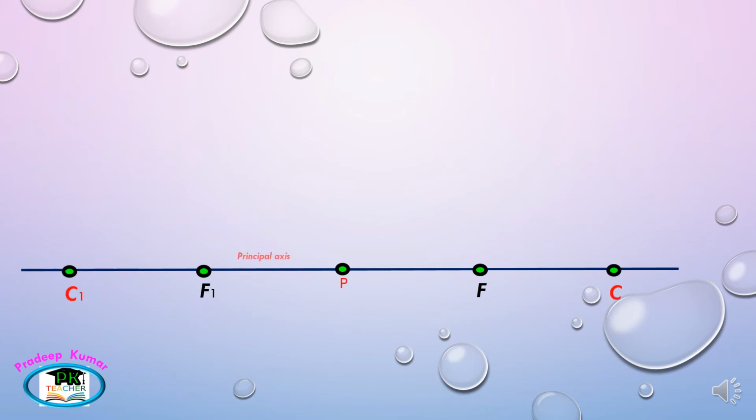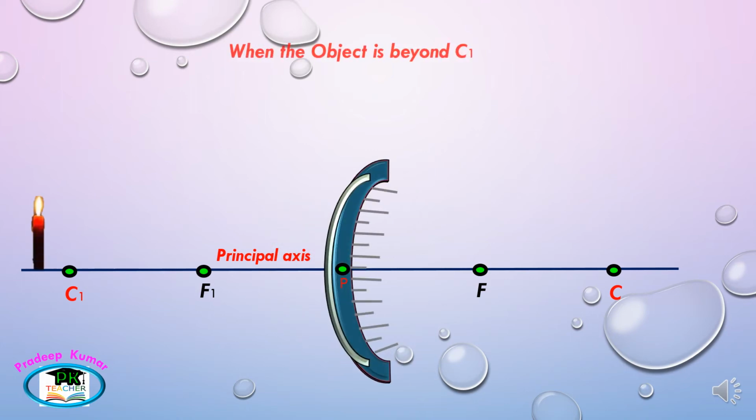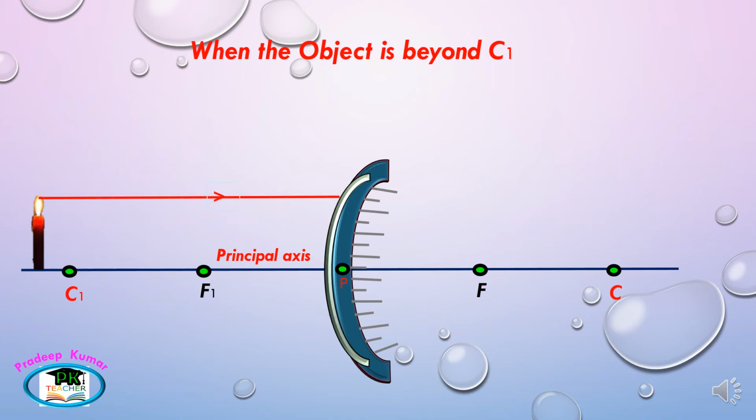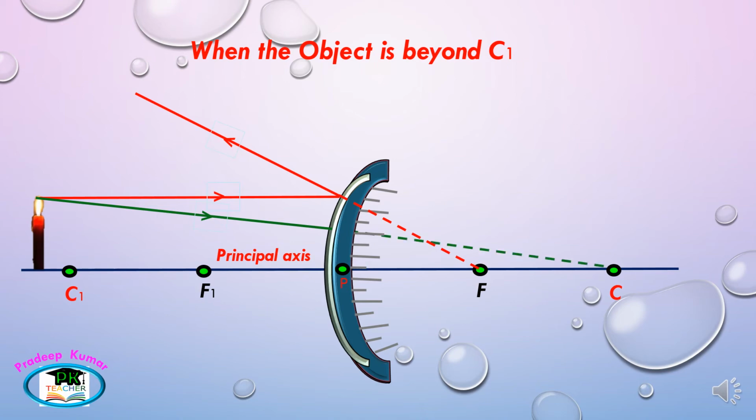Pole and focus, center of curvature, altogether is called principal axis. Mirror. When the object is beyond C1, the first rule, parallel to principal axis and deviates as if the ray is coming from focus. Second rule, pointing towards the center of curvature or C and return back in the same path.